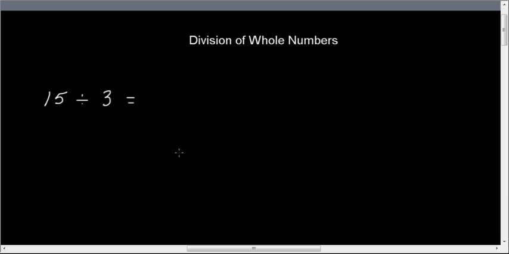So I've got a division problem here, and it says 15 is divided by. That symbol right there means divided by. So 15 is divided by 3. What is the answer?